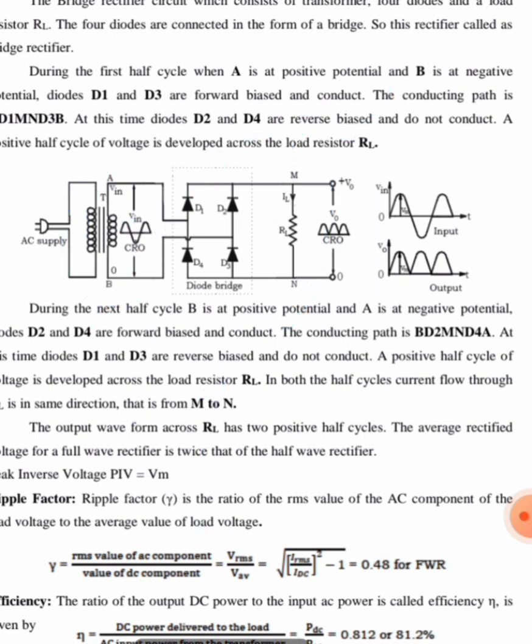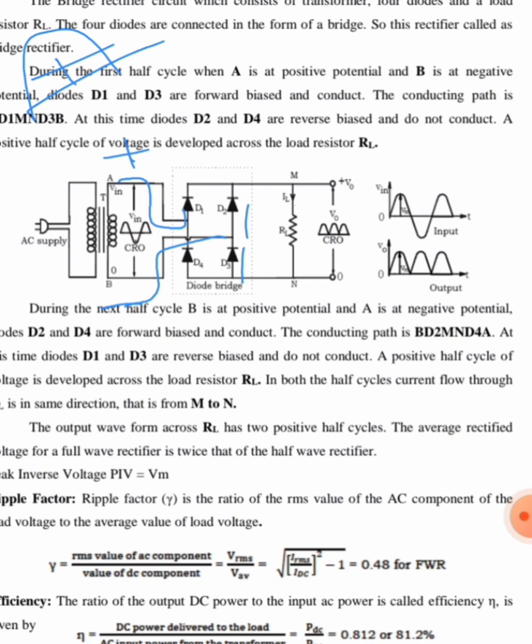So let us try to understand the circuit in terms of half cycles. Let us consider that only the positive half cycle is appearing across the input side, so this A side will be positive and B side will be negative. A is connected to D1 and B is connected to D2 and D3.